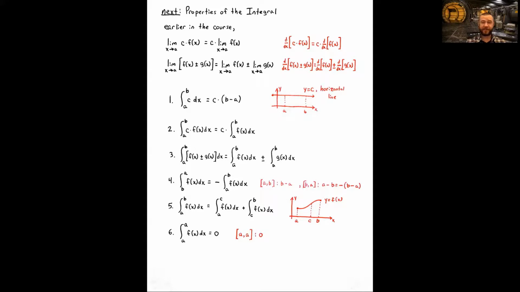The interval from A to A contains a single point. The length or width of a single mathematical point is 0. A point has no length or width to it, no real dimensions. So the length of that interval from A to A is 0. Basically, there is no area beneath the graph of a function over a single point. The width is 0.